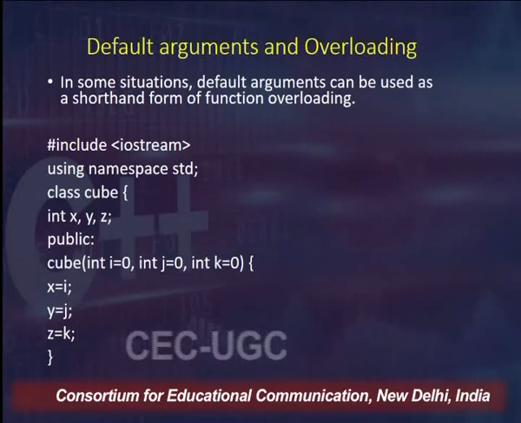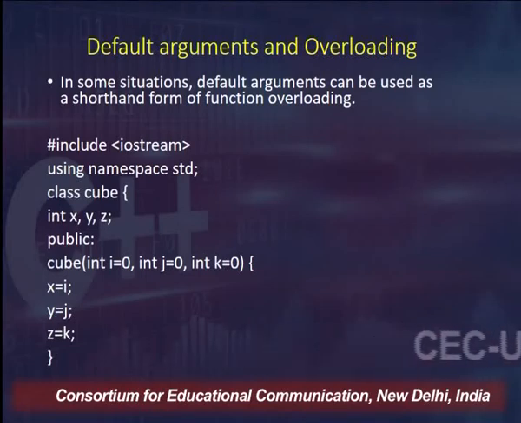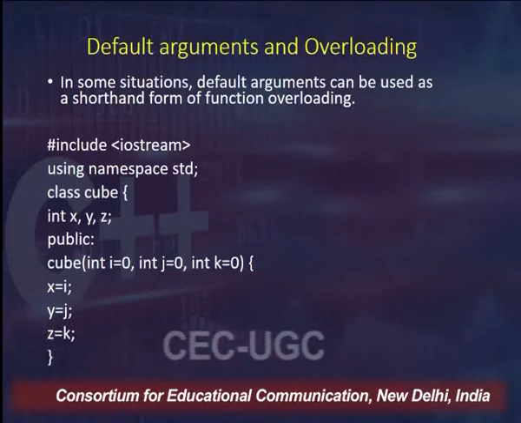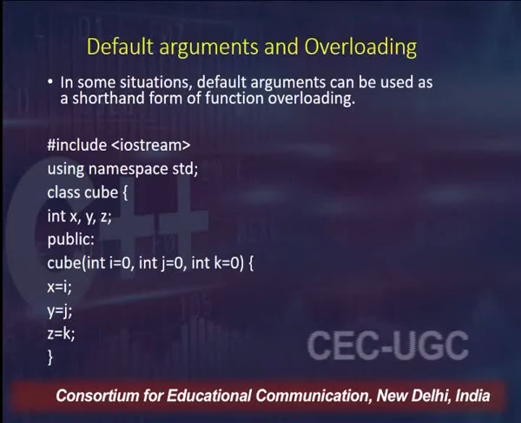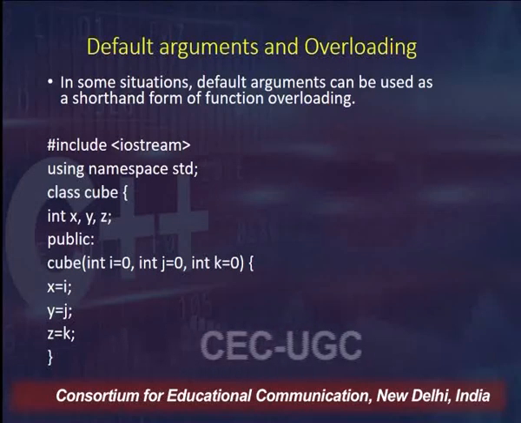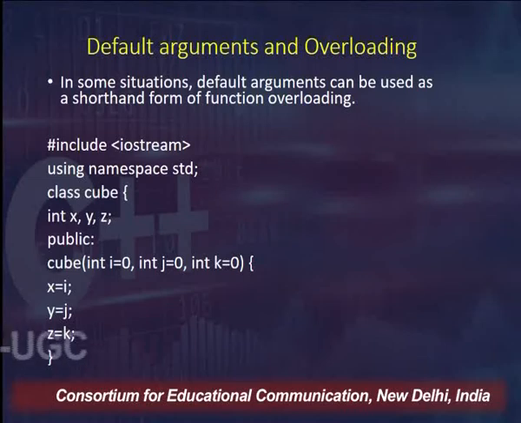Inside the function, i is given to x, j is given to y, and k is given to z. You can see this example on the screen: one class Cube, then the constructor, and within that constructor there are default arguments, whose values are passed to the member variables.